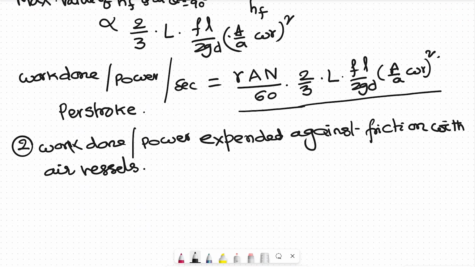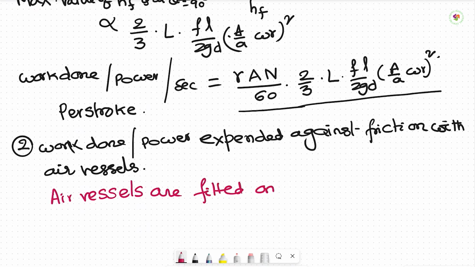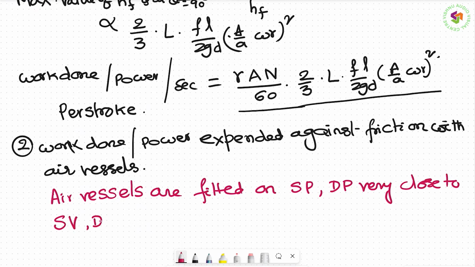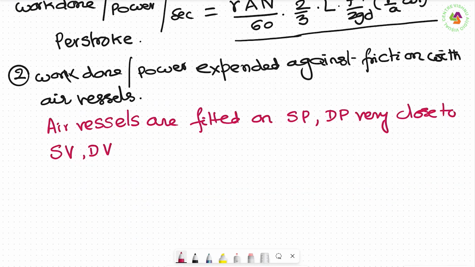So now what has happened is that air vessels are fitted on the suction pipe and delivery pipe, very close to the suction wall and delivery. This is the position.